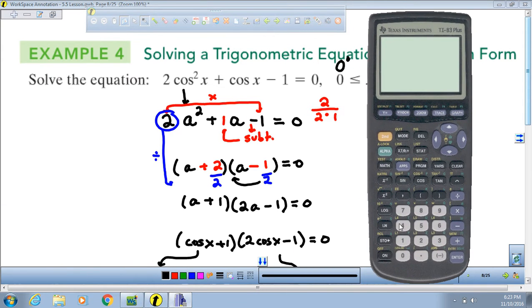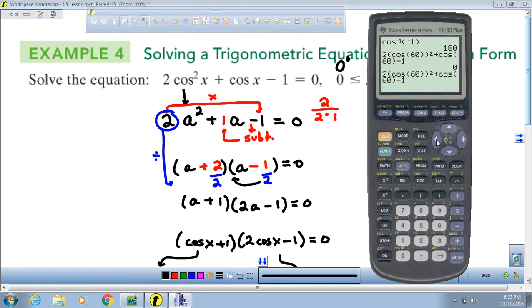You can say, I'm going to put 2 times parentheses cosine of 60 degrees, that is the first answer, squared, plus cosine of x, which is 60 degrees, minus 1 has to equal 0, and that equals 0. You see? Now we can check the next one, which is 180.